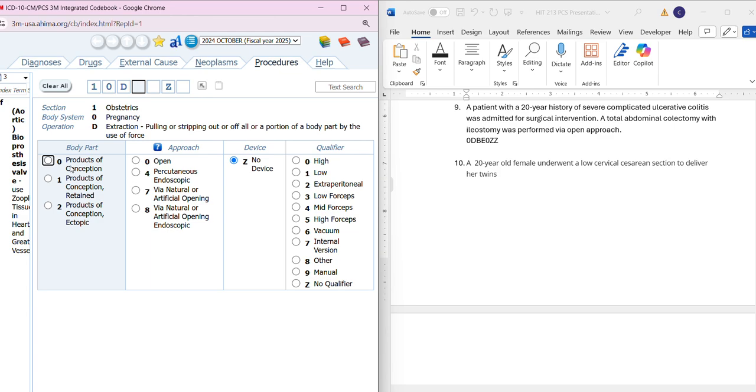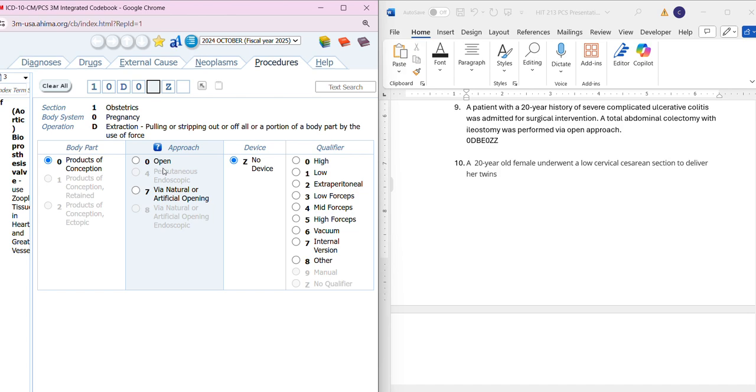And so for the body part, it is going to be 0, products of conception, because I guess in 3M that's how they word a fetus.